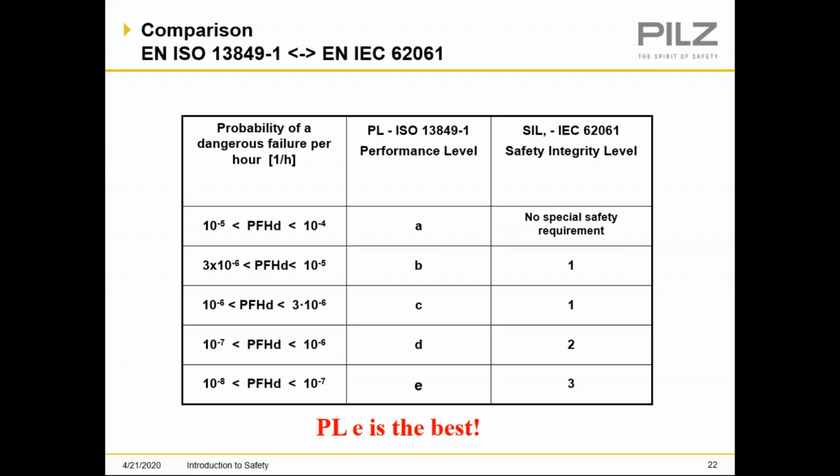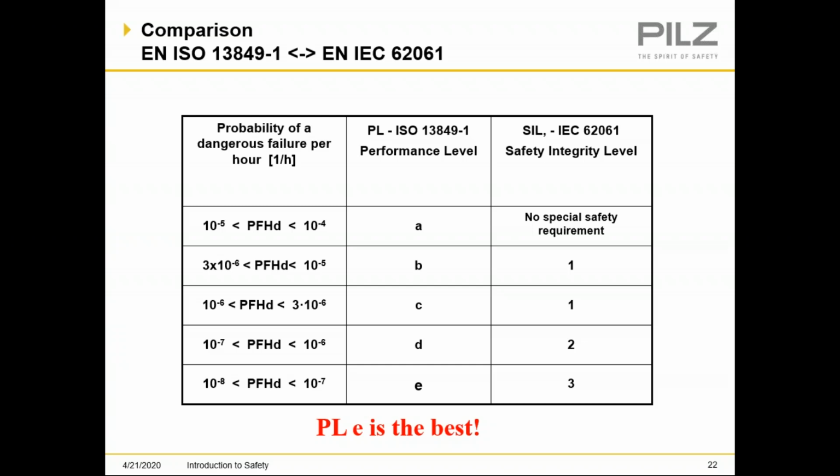Here's a chart. We get asked a lot about SIL level and how it compares to performance level. ISO 13849, as I said, is performance level. IEC 62061 is SIL, safety integrity level, typically used in the process industry, not very often used in discrete automation like ISO 13849.